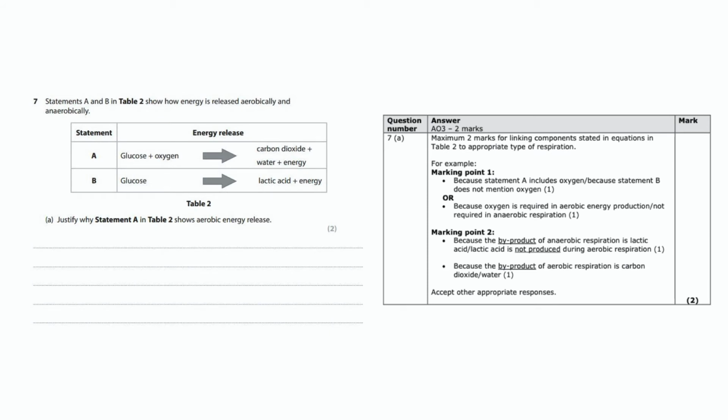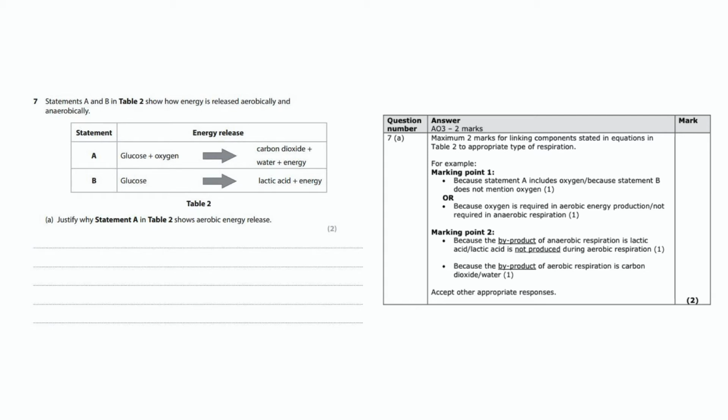The next question, we see a table to do with energy production, and the question is, justify why statement A in table 2 shows aerobic energy release. If we're looking to compare or justify anything from a graph or a table, we're looking at the differences.